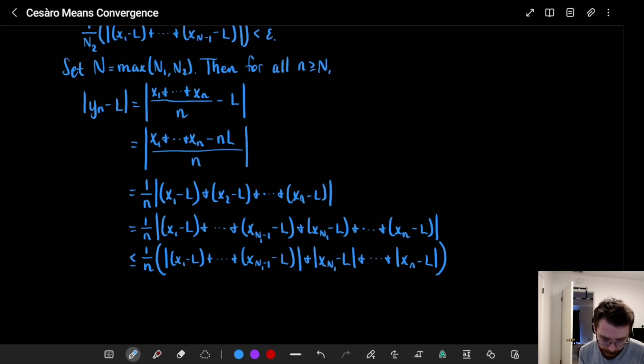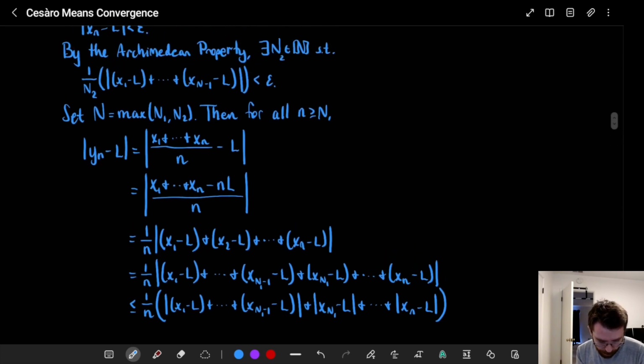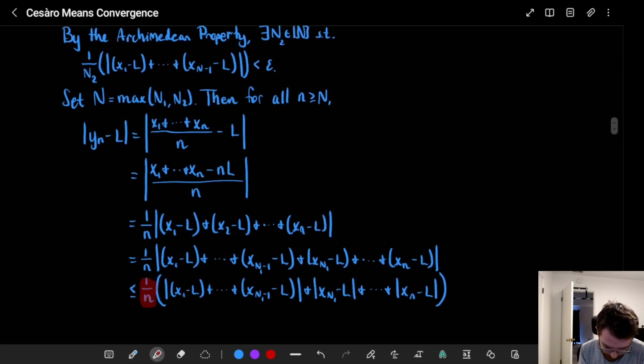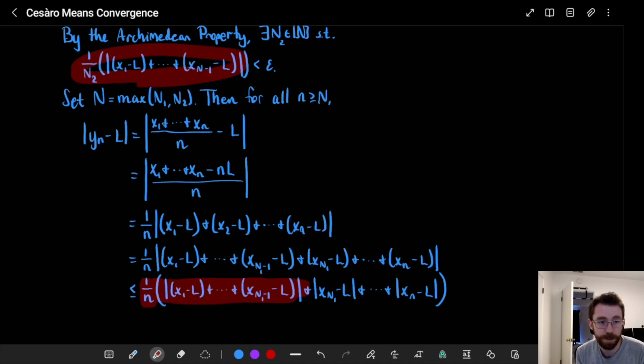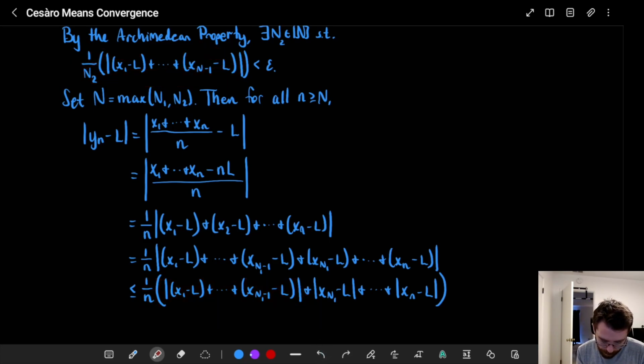Everything should be okay. In particular, this term right here is very similar to this term. I just want a capital N2 instead of an N. Let's write this as a note. This implies that if n is bigger than the maximum of n1 and n2, then it's definitely bigger than n2.